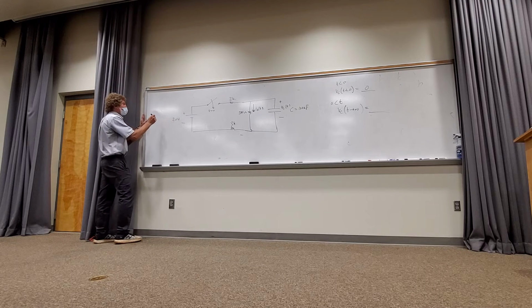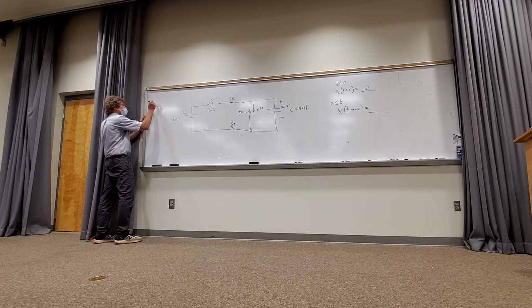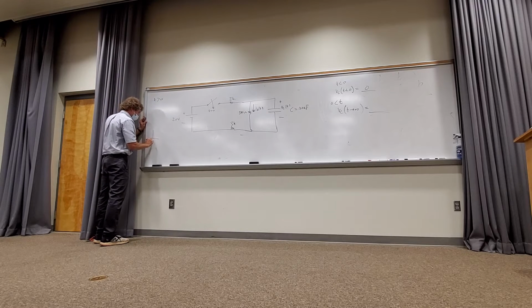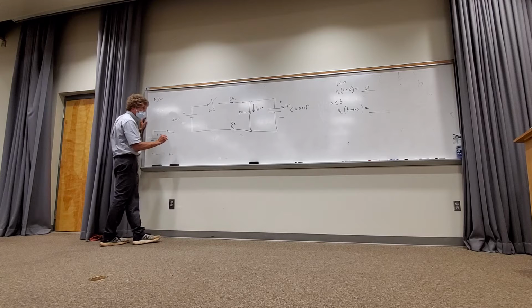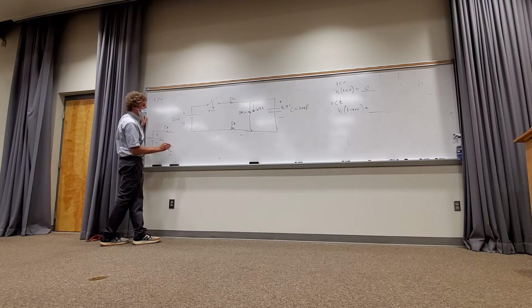So now we do for t greater than 0 what the circuit looks like. I'll put it for you here. Now you've got this voltage source, and then you have 2K, 3K, 500 ohms.